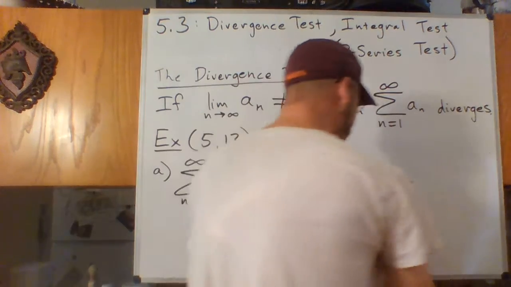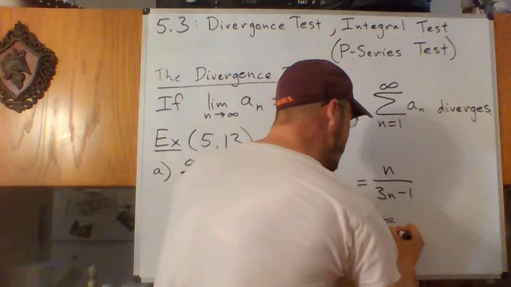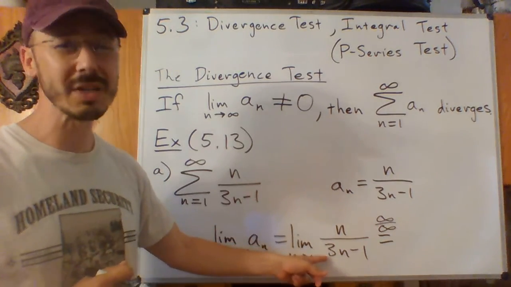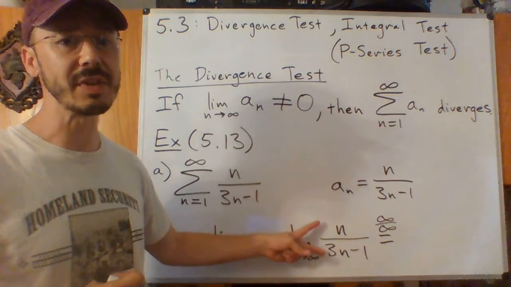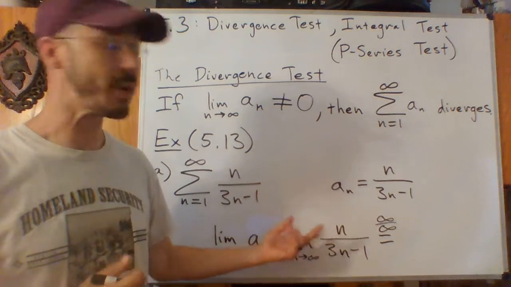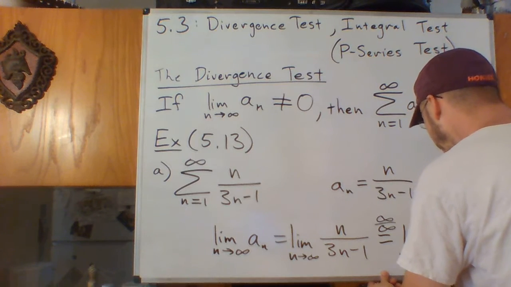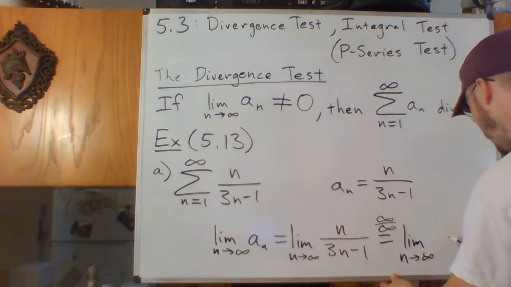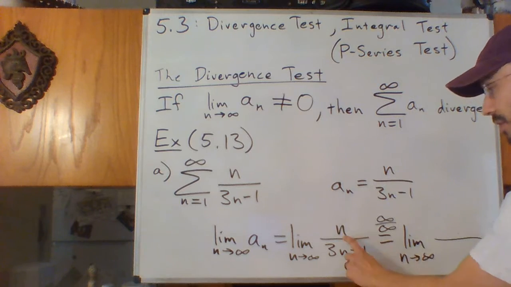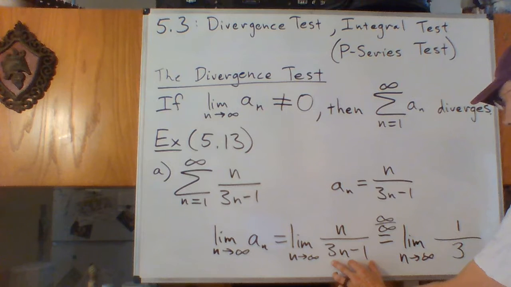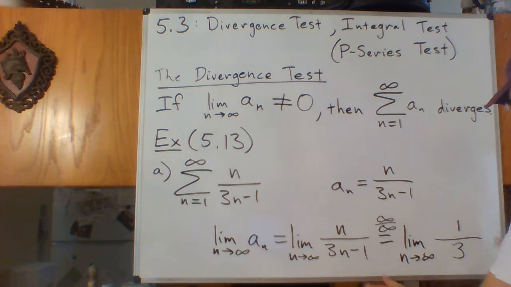I did use L'Hopital's rule in my work here. As n goes to infinity, n goes to infinity, but also 3n minus 1 goes to infinity. This is an infinity over infinity situation. So I can use L'Hopital's rule, and it's the limit as n goes to infinity of the quotient of the derivatives. The derivative of n is 1, the derivative of 3n minus 1 is just 3. And the limit of 1/3 is 1/3.